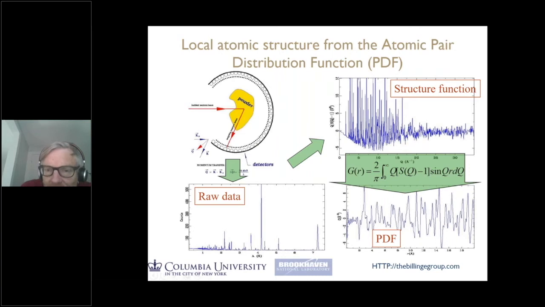My PDF of this material has a very sharp peak at this position, 2.75 angstroms. It means that in this material, there's a very high probability of finding two atoms separated by 2.75 angstroms. All of these other peaks come from other interatomic distances in the material, and we can reconstruct the three-dimensional arrangement of atoms that's consistent with this set of interatomic distances.